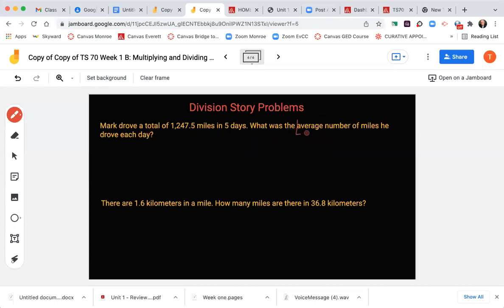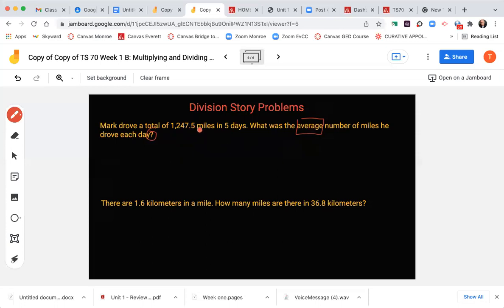Average, when you're doing a story problem, when you see the word average in the sentence that has the question mark, it almost always means divide, just so you know, okay? That's one of those, what they call keywords for division. So when you see average, know that if they're asking for the average and it's in the sentence with the question mark, you're dividing, okay?